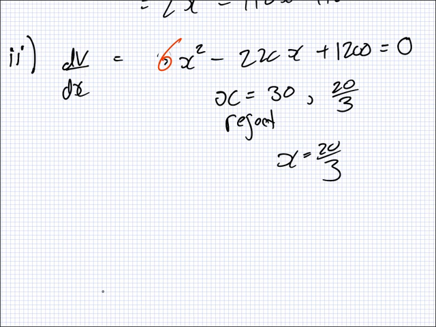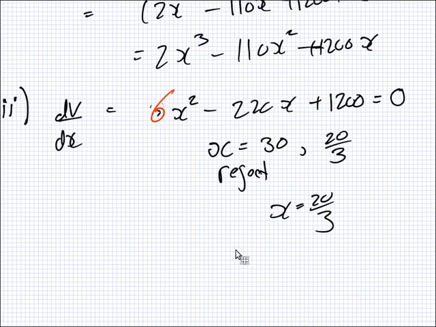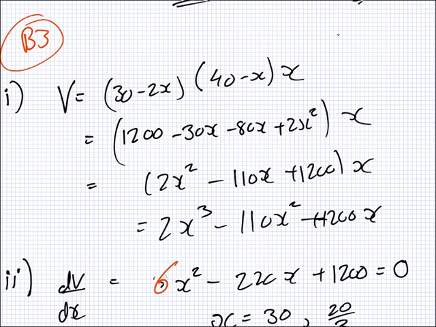Now, I think there's something a bit wrong with the question here. If you look at part 3, it says for each stationary value determine if it's max or min. However, I would argue that we don't even need to consider the 30, because at the very beginning of the question there's one thing we know about x. It has to be bigger than 0, and it can't equal 0 because we have to cut something, and it has to be less than 30.